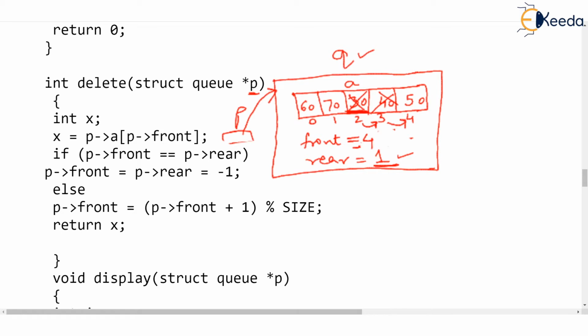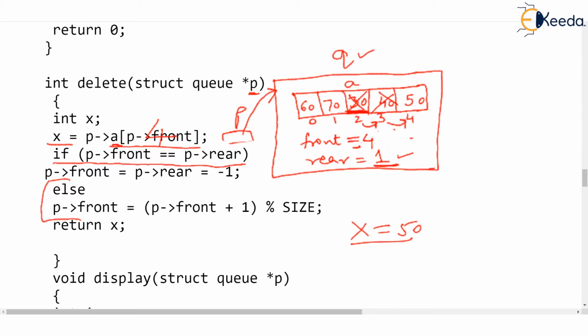Let's see. When we call delete, X will be equal to p arrow front. A p arrow front means A of 4, because front is 4. So A of 4, which is 50, is stored by X, and finally we will return it. We ask, is front equal to rear, which is false. Front is 4 and rear is 1, so we land in else.